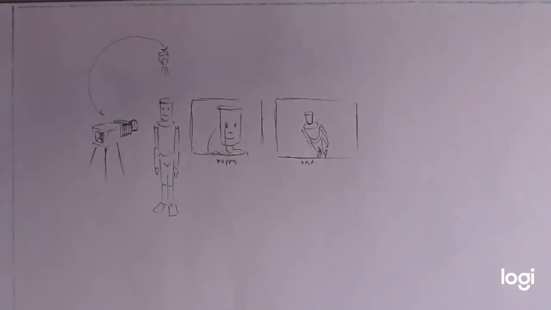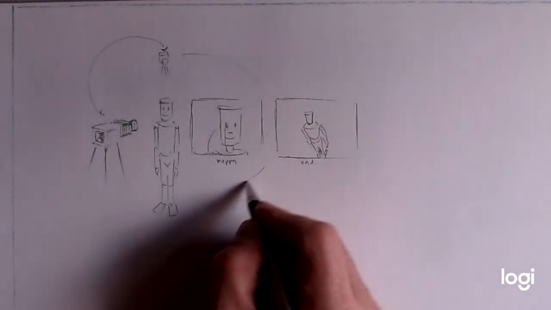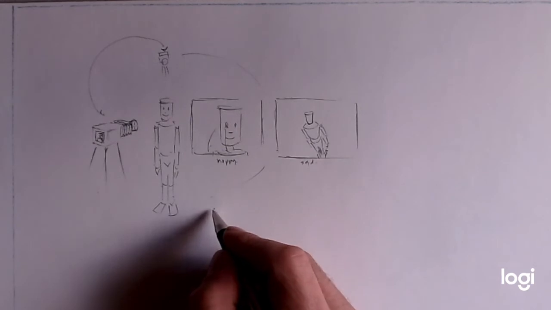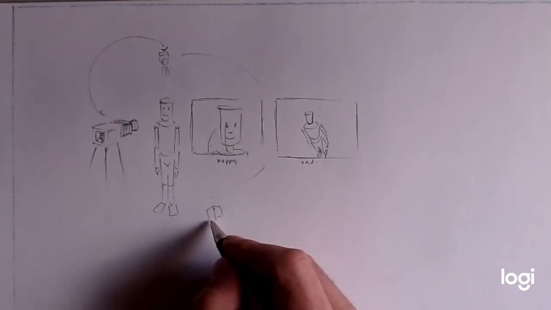So what would happen if we took the camera and moved it all the way around to here? And now the camera is going to go right here, okay?